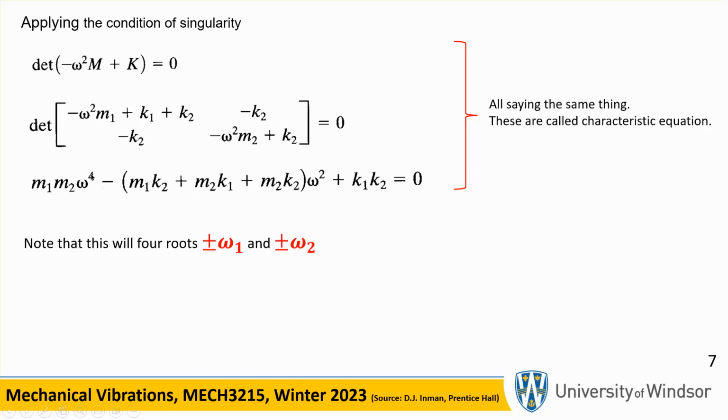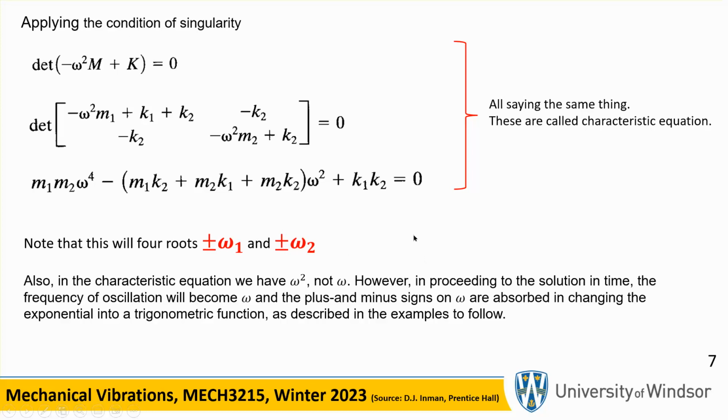For example, if omega squared equals 25, then omega 1 is plus or minus 5, and if omega squared is 36, omega 2 is plus or minus 6. So as I said, this is really not a fourth degree equation. It is a second order equation, and that's really what this is saying.